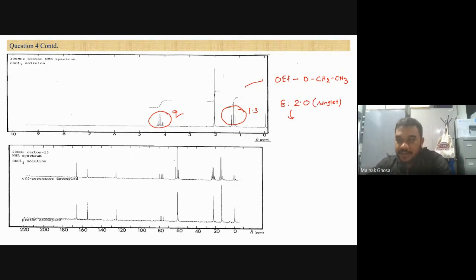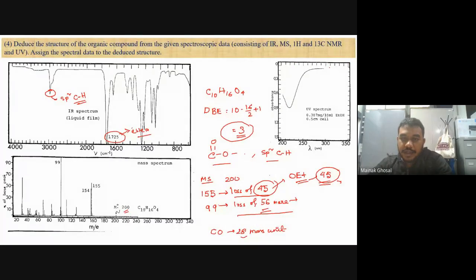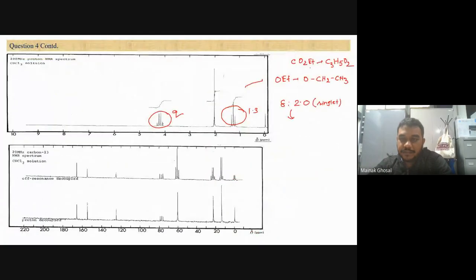So if you have a CO2 kind of thing, what will be the mass? C3H5O2, and you have C10H16O4.